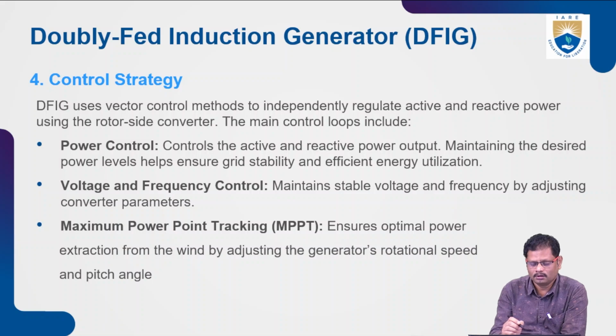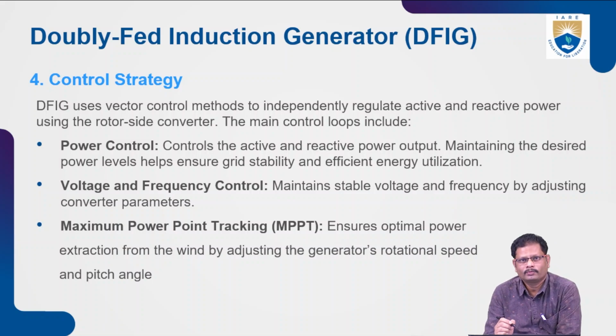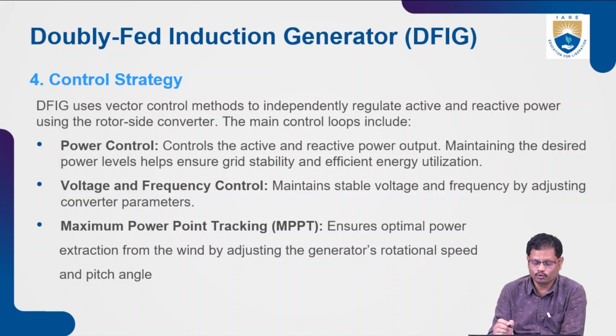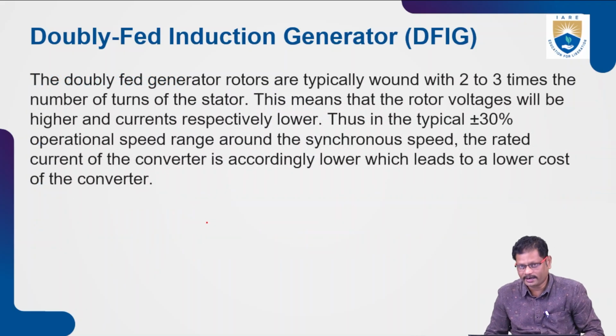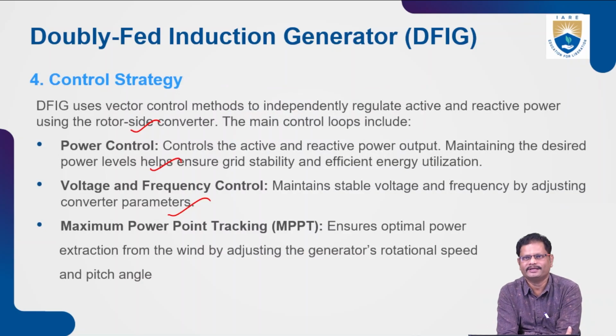So, control strategy. In this DFIG, vector control methods are used to regulate the active and reactive powers, by using the rotor side converter. The main control loops include power control, voltage control, and maximum power point tracking, which is the MPPT technique.